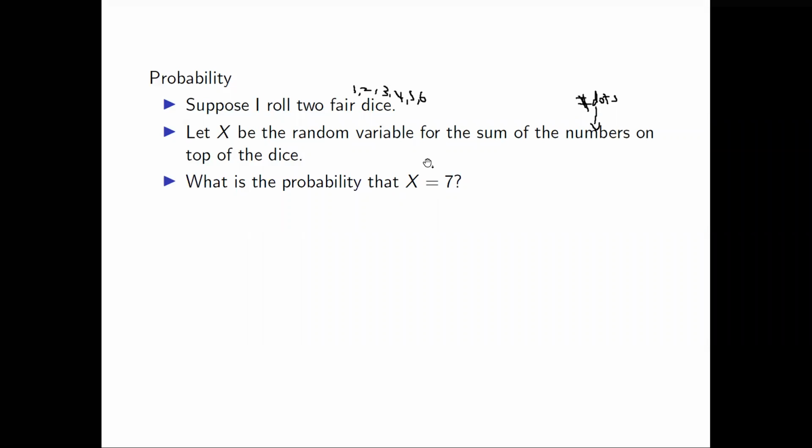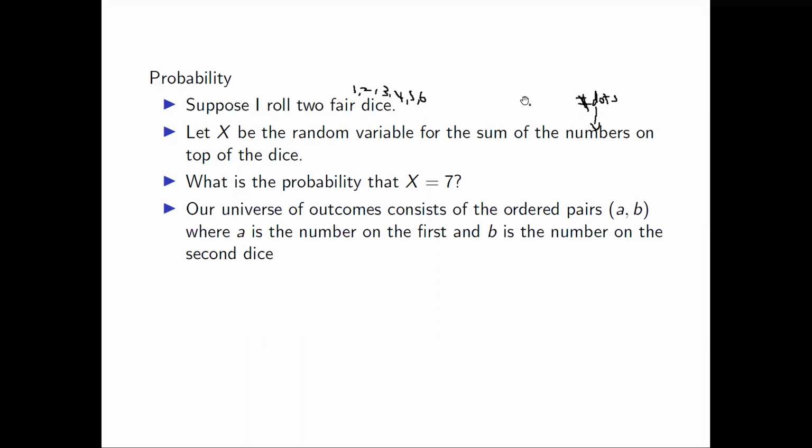So we can ask, what's the probability that this random variable x equals 7? And we can do this like we were doing probability problems before. So we can look at the universe of outcomes, and that's going to consist of ordered pairs. We'll say ordered pairs A comma B. A will be the number on the first, and B will be the number on the second dice.